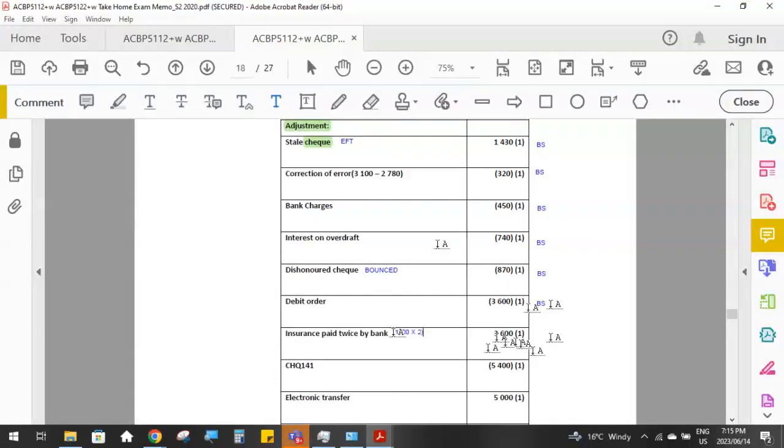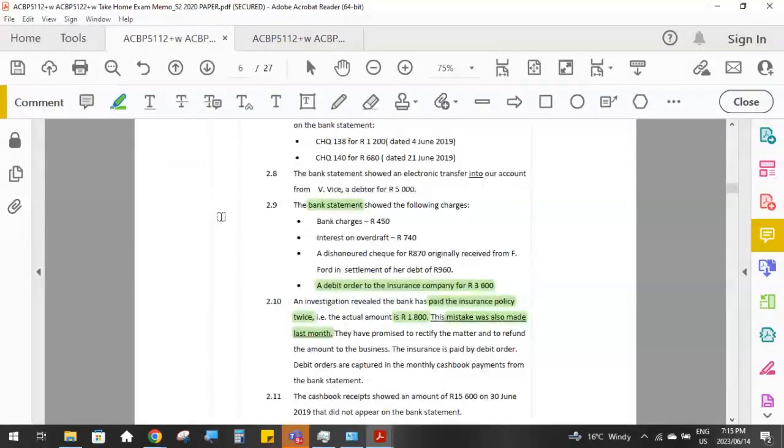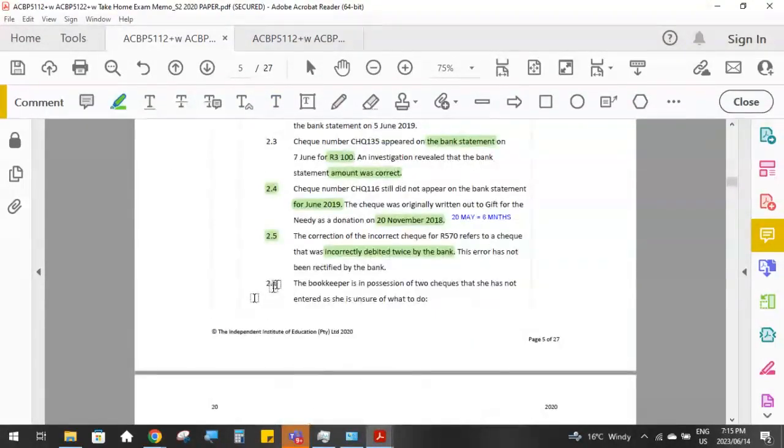Okay, so here we just recorded what was on the bank statement, and here we are adding the 2 times 1,800 back to our bank balance, because this 3,600 should not have been 3,600. It should have been 1,800, and that was for May and June. And then the check for 5,400, that is this one over here where it said 2.6.